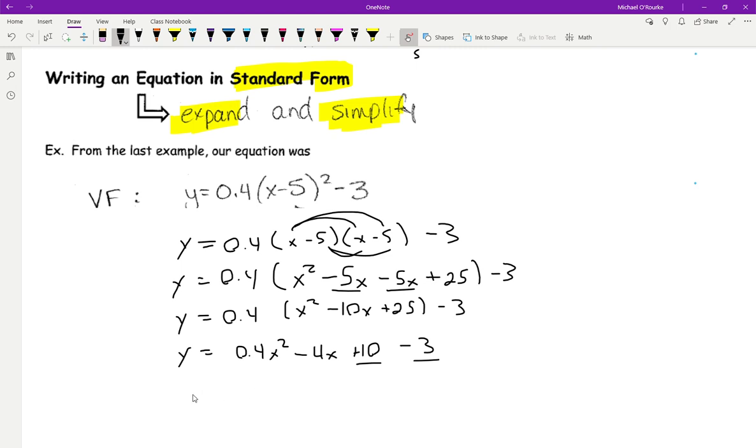Then we collect these two together. Alright? So whoever was following along there, or no one, that's that for you.